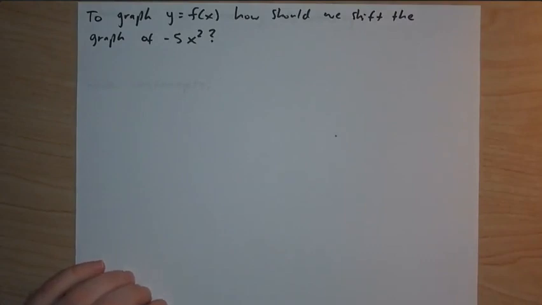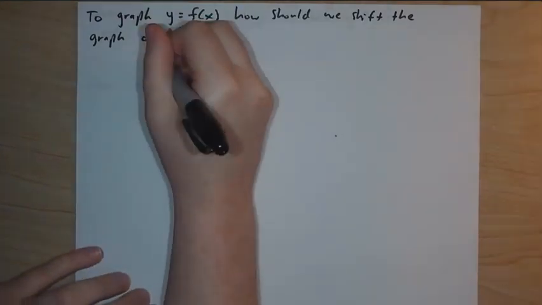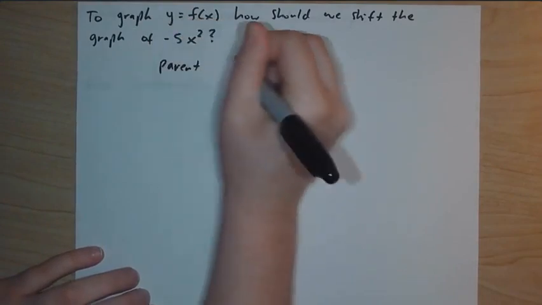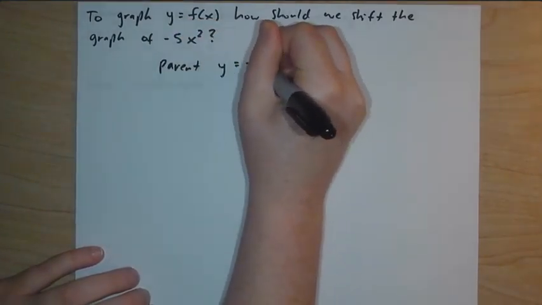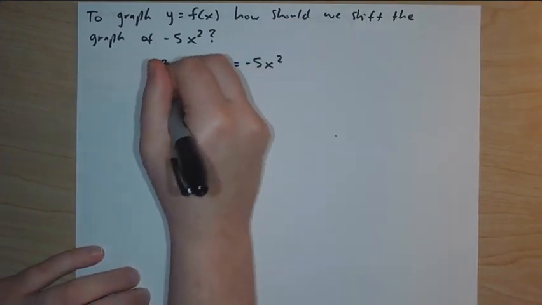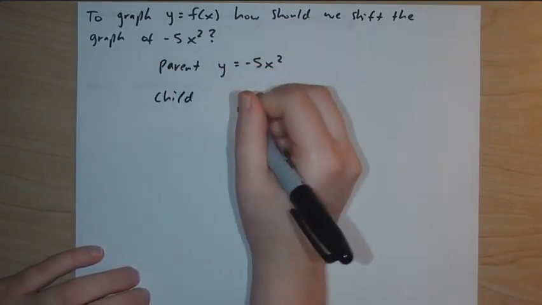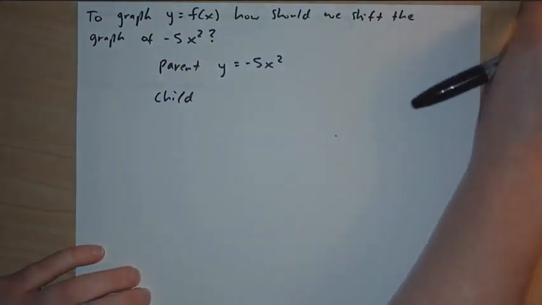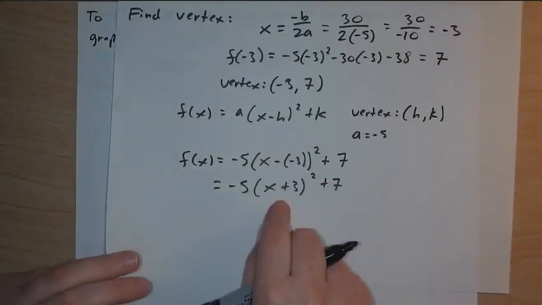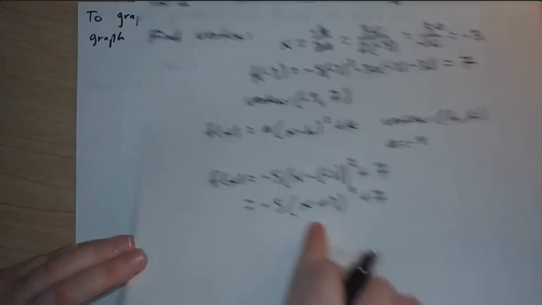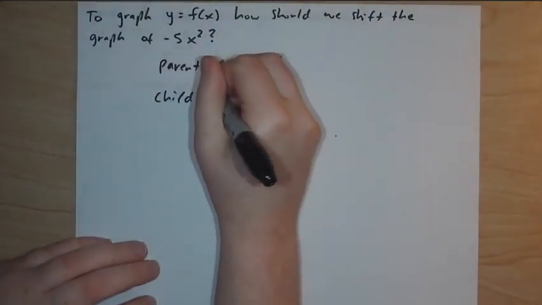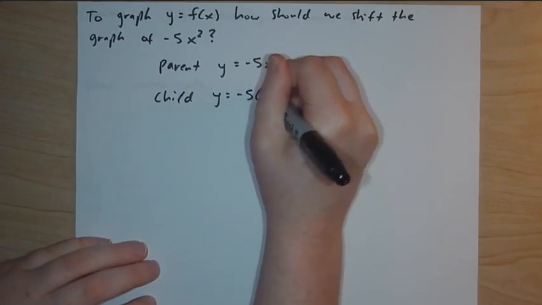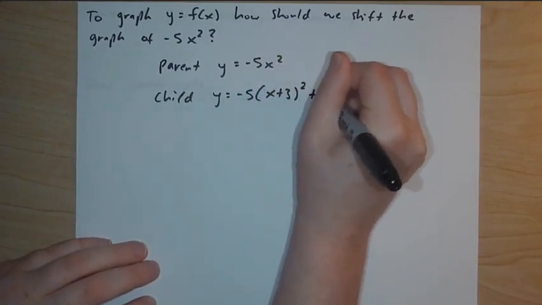So next thing we ask is, to graph y equals f of x, how should we shift the graph of negative 5x squared? So essentially what this is saying is, if our parent graph is y is equal to negative 5x squared, then how do we get to our child graph, which is the function we actually have, and I'm going to use the vertex or shifted form because it will be easier to see what transformations we use, which is y is equal to negative 5 times (x plus 3) squared plus 7.